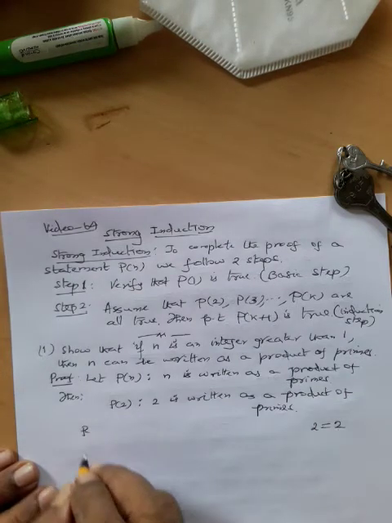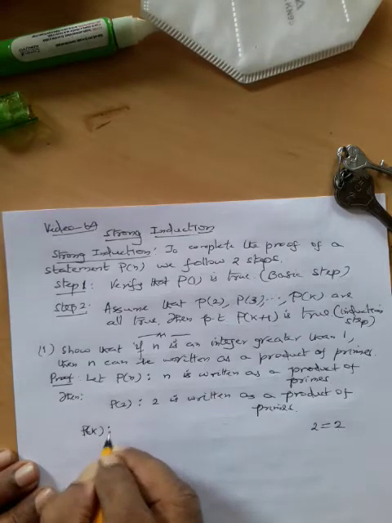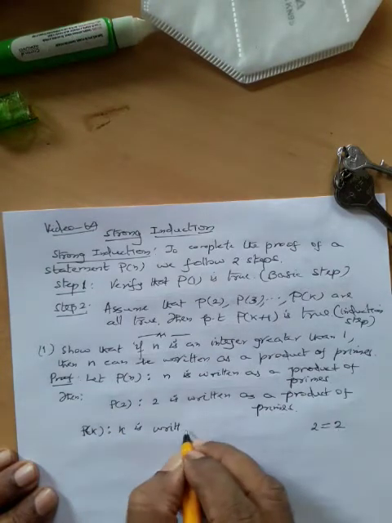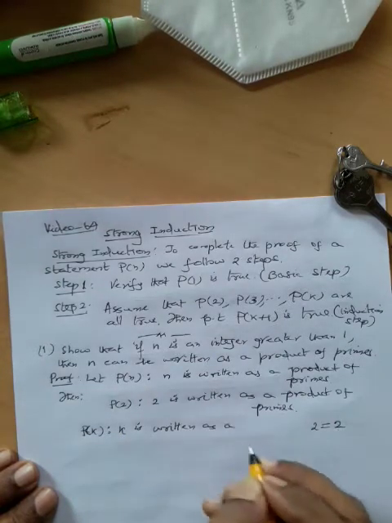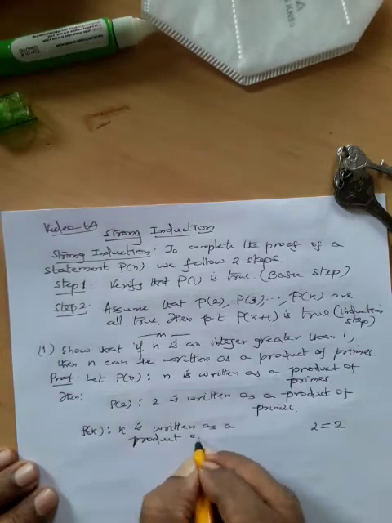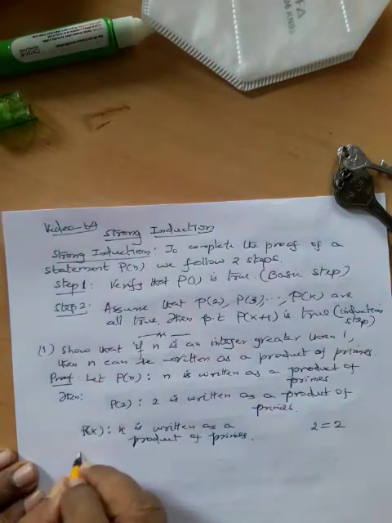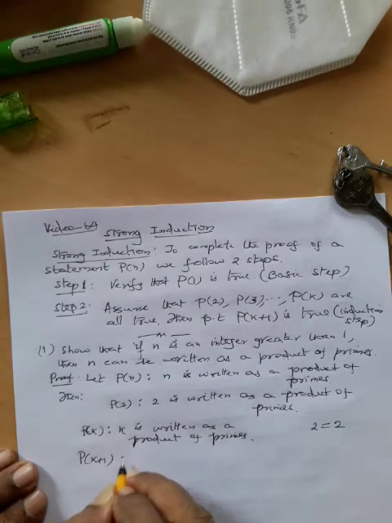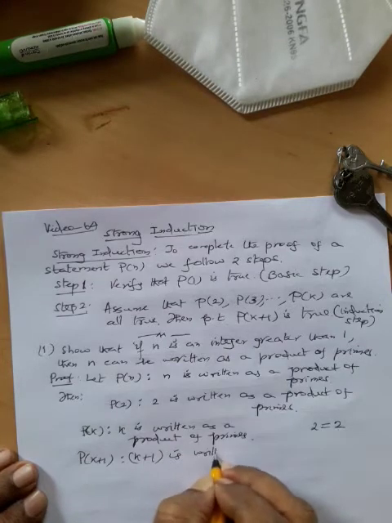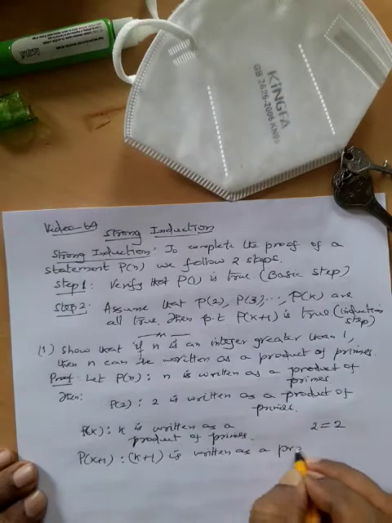What is P of k? Then we have to assume P of k is written as a product of primes. P of k plus 1: k plus 1 is written as a product of primes.